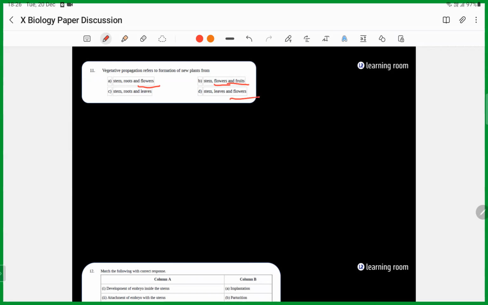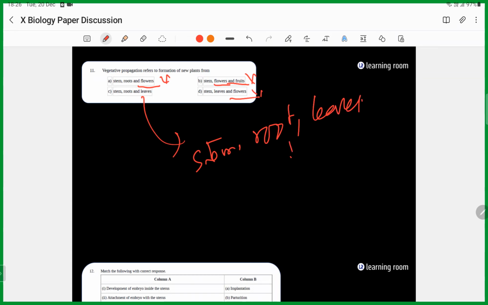So that's why these options are incorrect, and only option C, stem, root, leaf, the vegetative body parts, is correct.